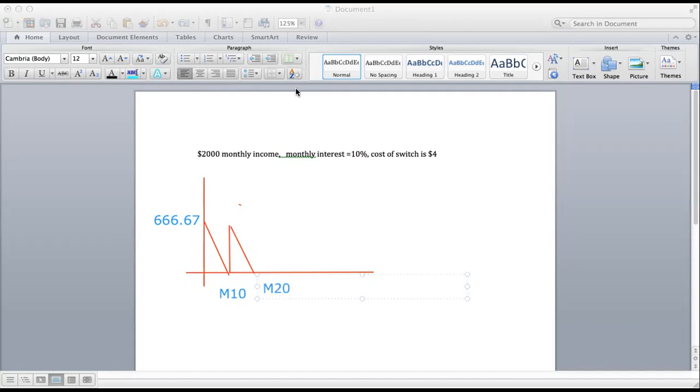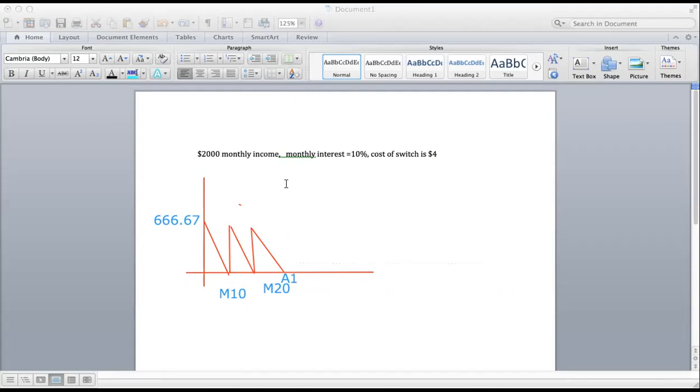Again, you sell the remaining bonds, the 666, and use them till April 1st. On April 1st you receive your salary and do the same thing.